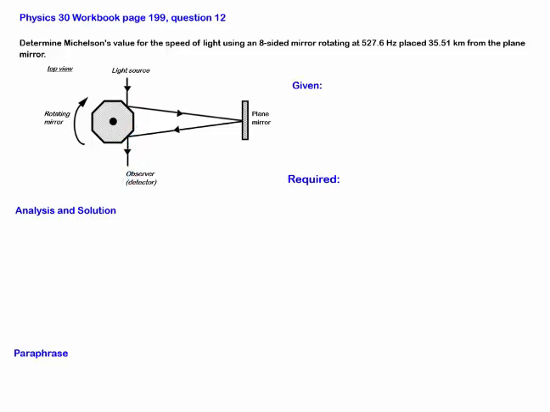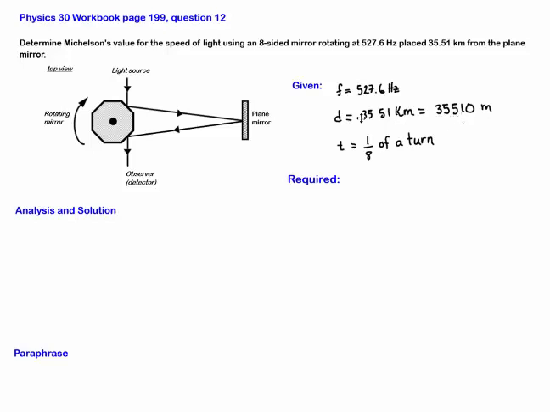this side. So to get started, we are going to use our GRASP method of problem solving, starting by writing down what we are given. So we are given the frequency, which is 527.6 hertz. We are given the distance from the mirror to the plane mirror of 35,510 meters.